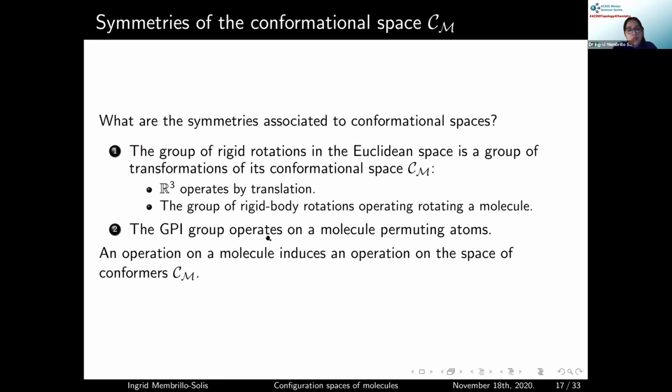So all of these three operations will be adding extra, duplicating conformers. At some point we might need to get rid of all these duplications of conformers, and for that we need to take into account this group of symmetries.